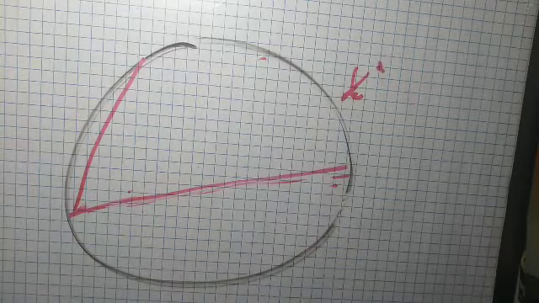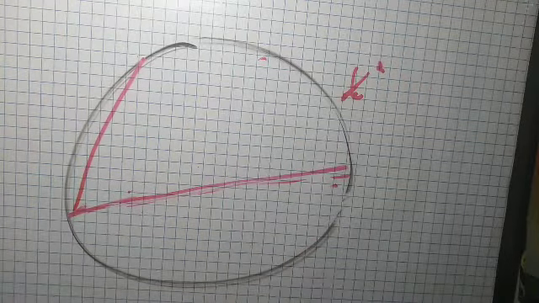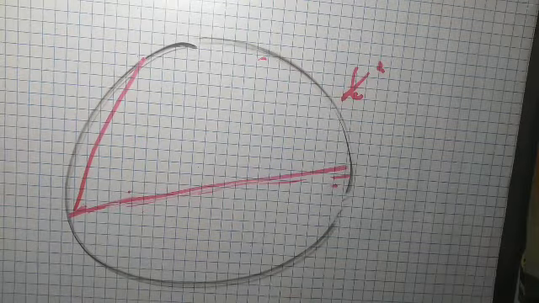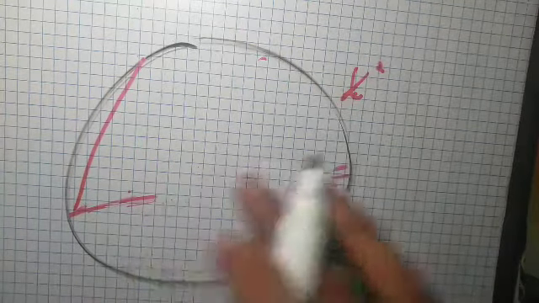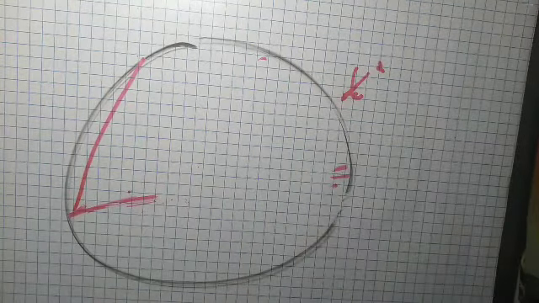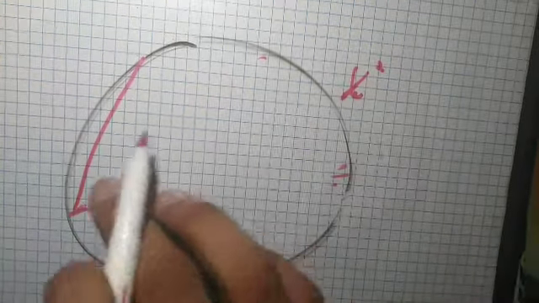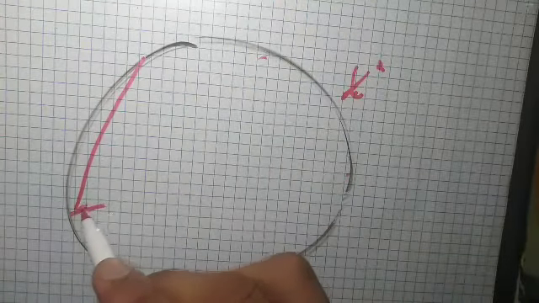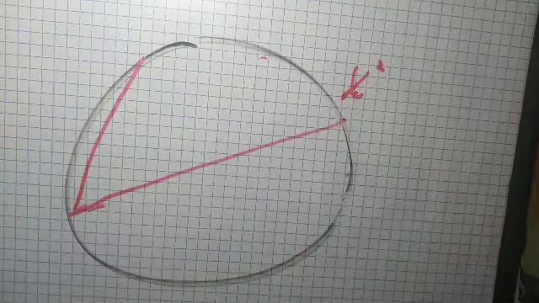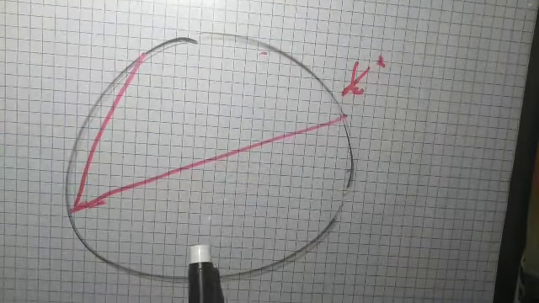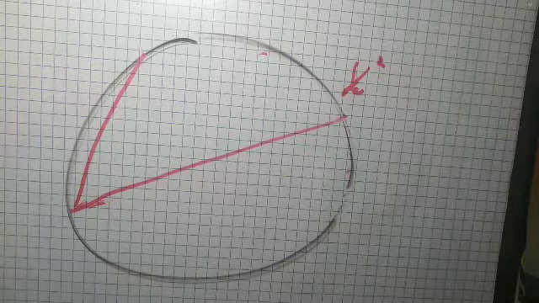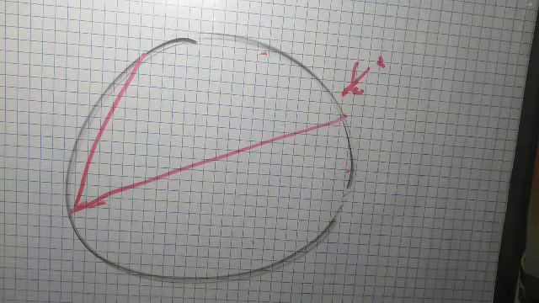Okay, now, what if we have this line? Let's say this line is going directly through the center, through the midpoint of our circle, splitting it exactly in half. In this case, it's not because I have poor drawing skills and I don't have a ruler, but let's say it is, and it's intersected by a chord.